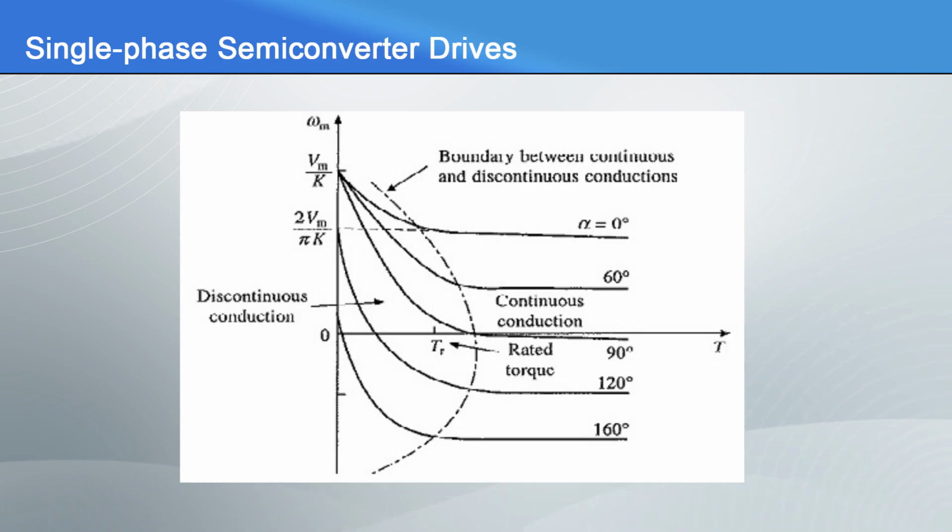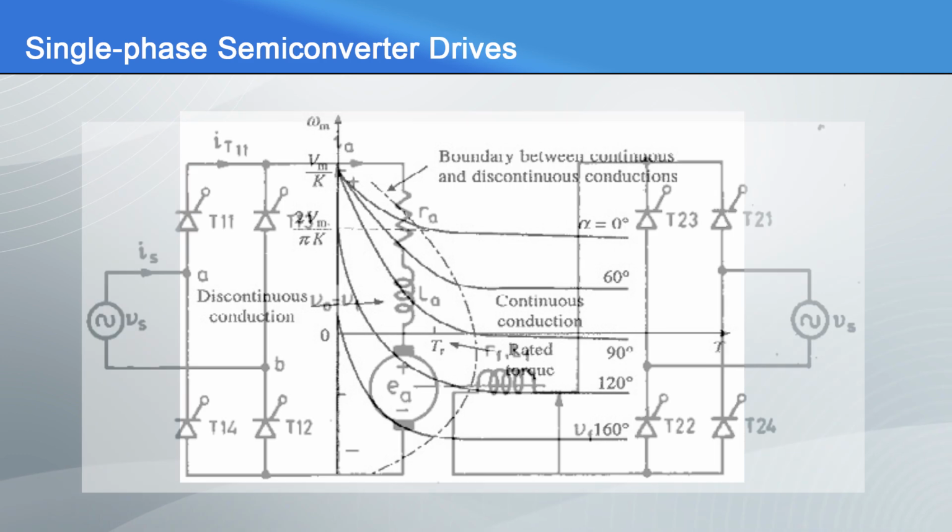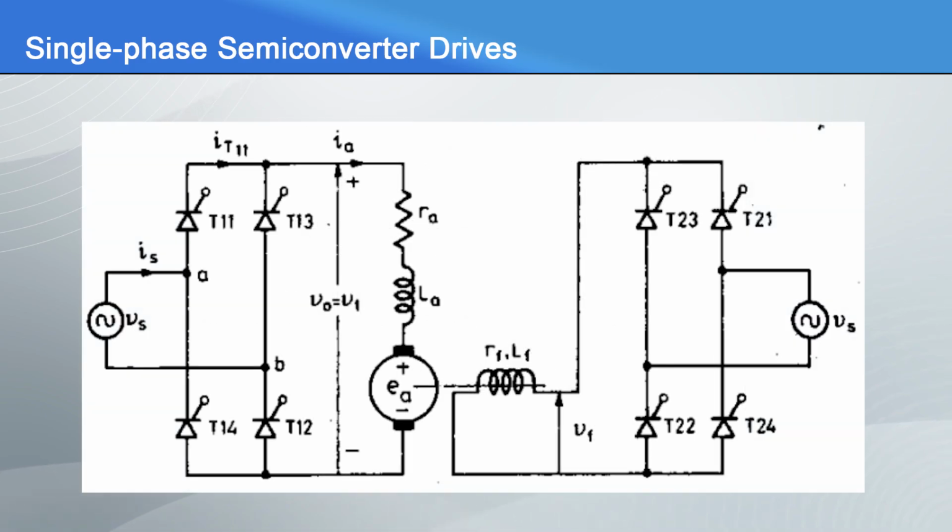For torque less than rated, a low power drive mainly operates in discontinuous conduction. In continuous conduction, the speed torque characteristics are parallel straight lines whose slopes depend on armature circuit resistance RA. The effect of discontinuous conduction is to make speed regulation poor. Its use is limited to about 15 kilowatts only.